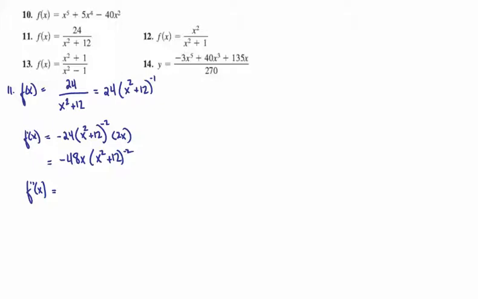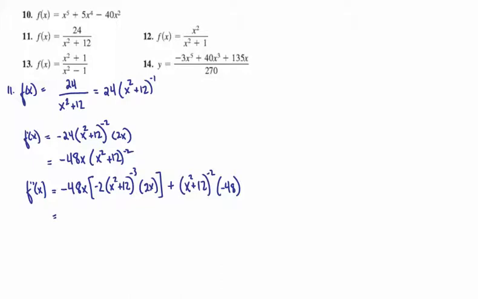This time I will have a product rule, and so it's 1 d2. That will be negative 2 times x squared plus 12 to the negative third times the derivative of the inside, which is 2x, and that gives me my 1 d2 plus 2, which is x squared plus 12 to the negative second power times the derivative of the first, which is negative 48.